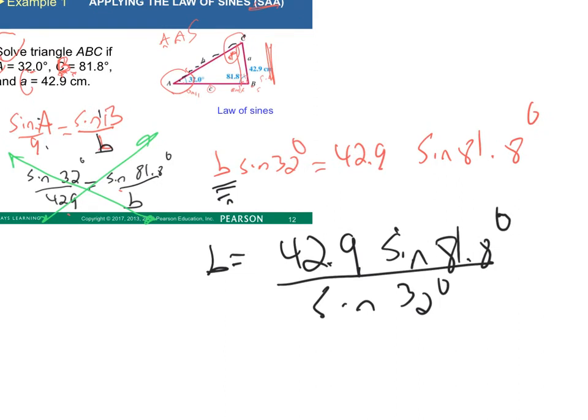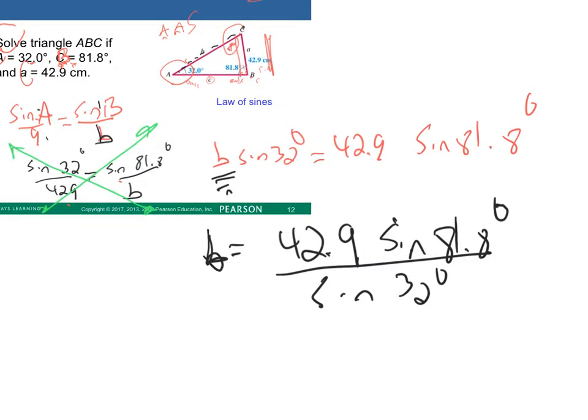And you should pause this right now, pick up your calculator, make sure you're in degree mode, because who knows what we did last on it, and key it in, and I'm going to do it, and I'm going to come back to you. Okay, B is approximately 81.1 units with centimeters, if I did my calculator right.